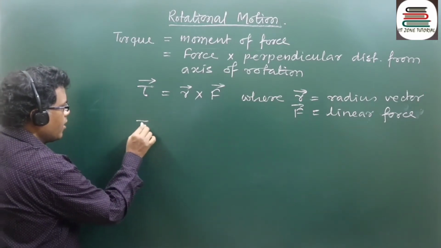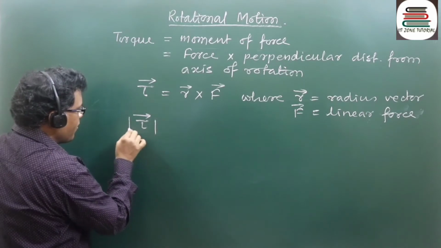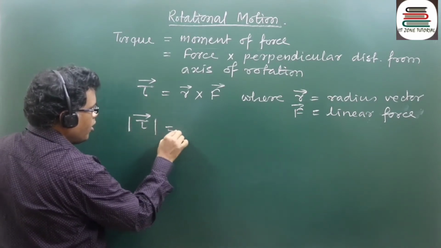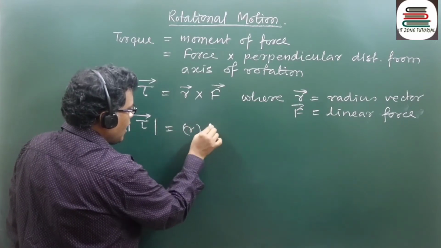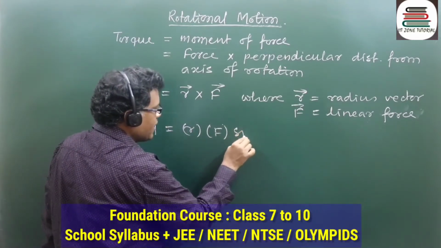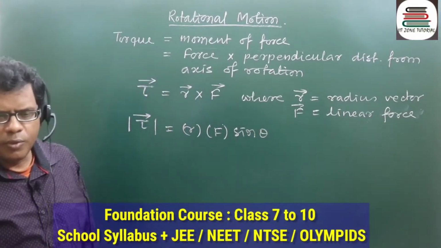We know that the magnitude of a quantity defined as the cross product of two other vectors is basically r into F into sine theta. We have learned this in the cross product of two vectors.